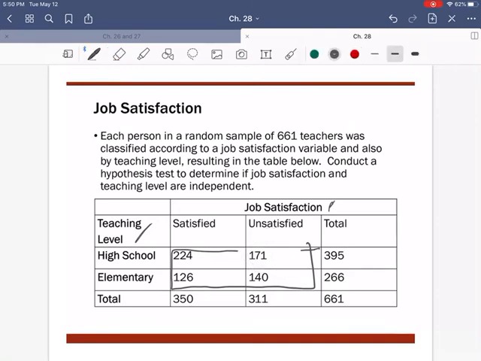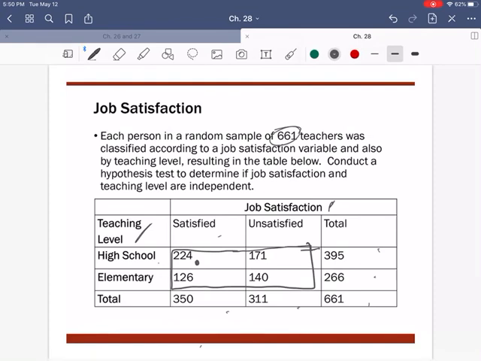So we have two variables here, teaching level and job satisfaction. And we are given this matrix. Okay, some of you, the word matrix is totally new to you. Matrix is just a fancy way of saying a table. And then there's some totals here as well, but it's the inside numbers that we care about.